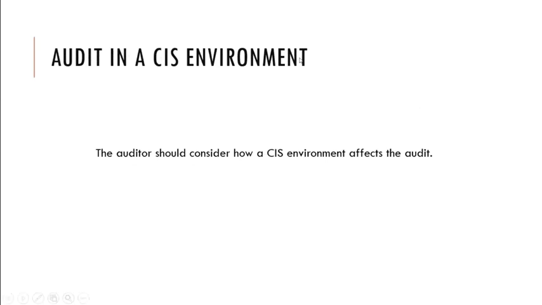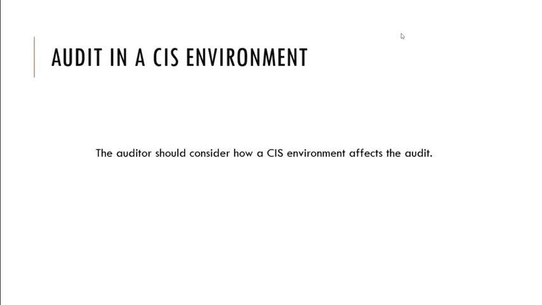Okay, so now we look at audit in a CIS environment. Here, the auditor should consider how a CIS environment affects the audit. True enough, we have learned in our previous slides the difference between having computers in place that are used to process financial information relevant to the audit, and an auditee that uses 100% manual records.